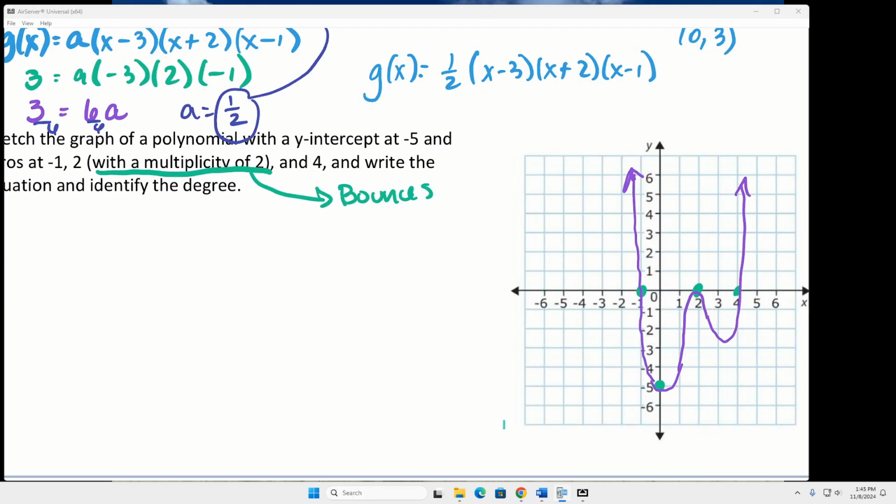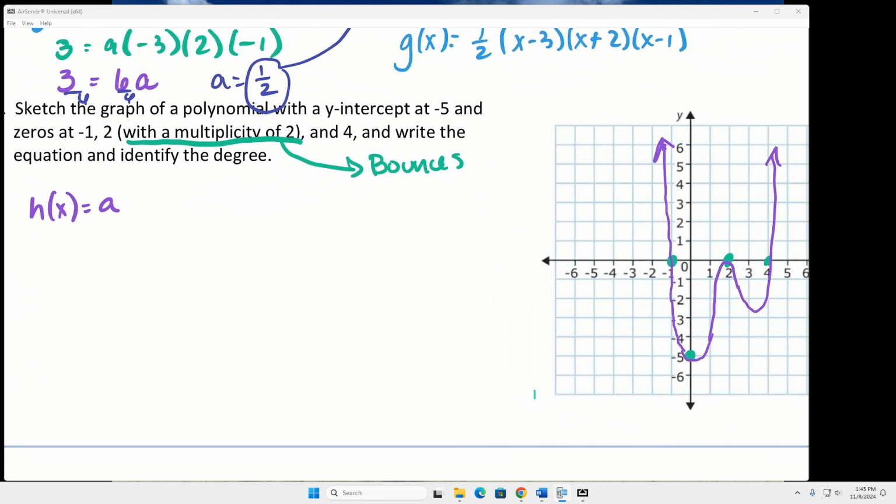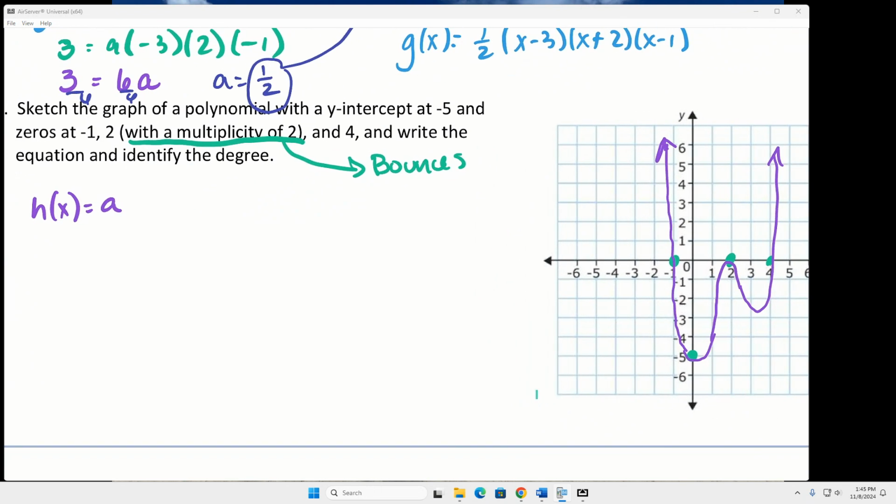And then it tells us to write the equation. So that's where I'm going to call this one H. We start with h of x equals a. And we're going to do a factor for each 0.